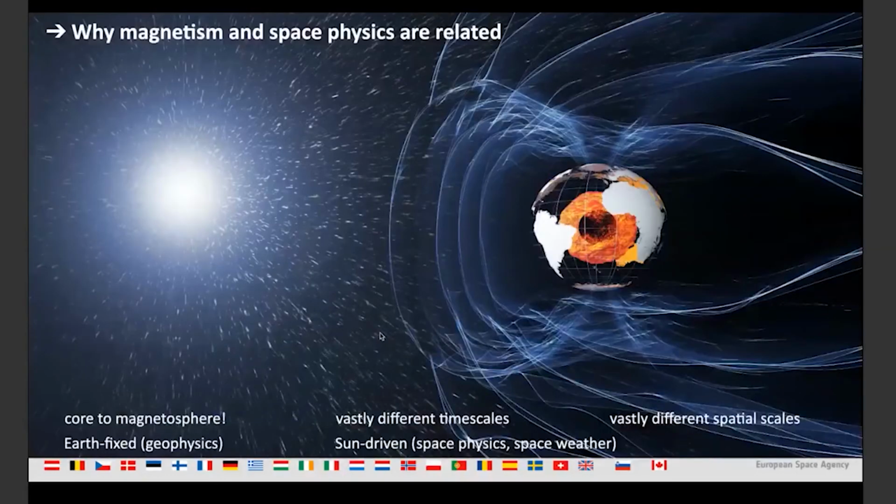Now, why is magnetism and space physics related? Here I zoom out and no longer focus only on the Earth. You see basically a picture of the sun and everything that the sun is sending towards Earth. You see a picture of the Earth, which has its magnetic shield, seen here as the magnetosphere in blue. And of course, what we already talked about, the core and everything that's happening inside of the planet.